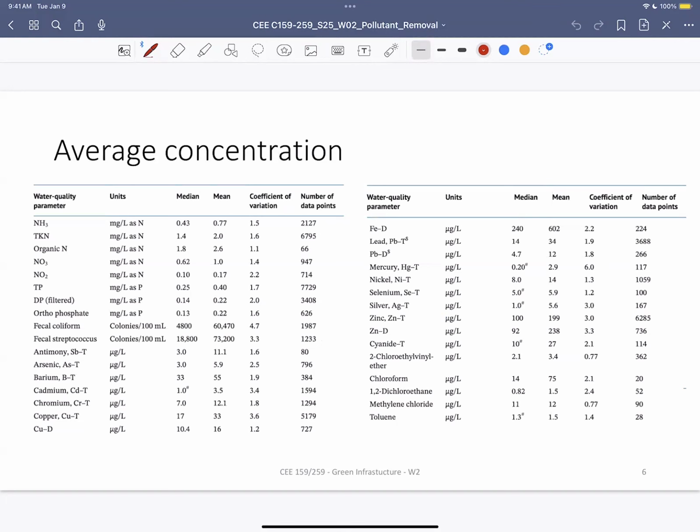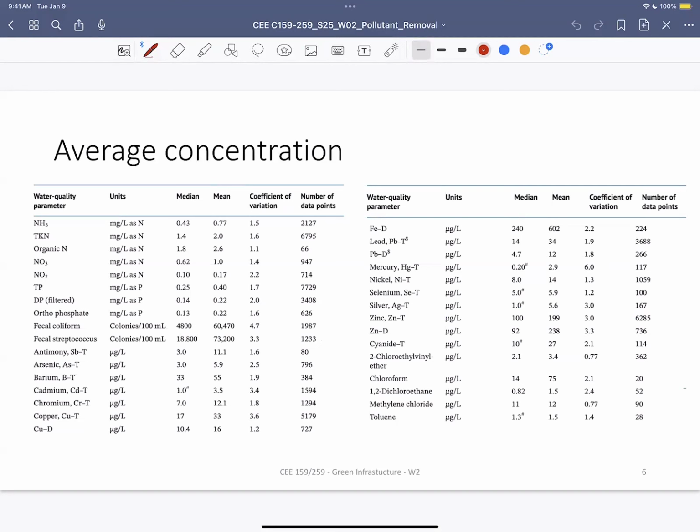What I want you to look at is that each of these different pollutants is expressed in a different way. For instance, for nutrients, it says milligram per liter as nitrogen and milligram per liter as phosphate. That means when you have different species which contribute to nutrients or nitrogen, it's important to express them in the same unit so that you can add them up or subtract them.